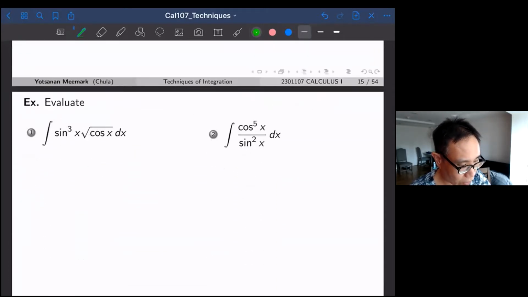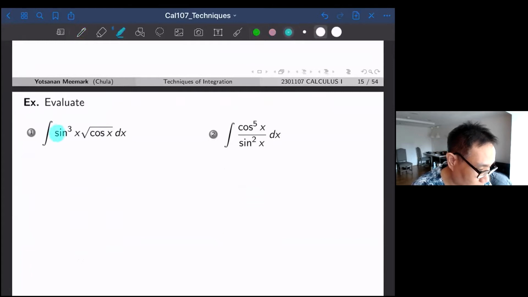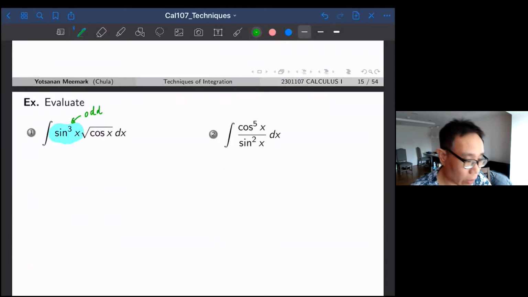So for this one, you'd like to integrate sine cubed. You see that this is an odd power of sine, so you're going to let u be cos x. That's the key thing.